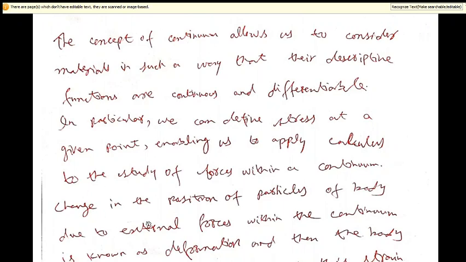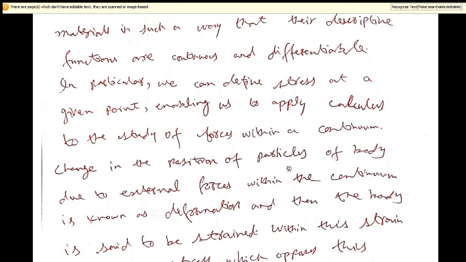Moreover, how can you define deformation? It is the change in the position of the particles of a body. You have particles and you have a body, and the body contains the particles, and there are positions of the particles. When you apply external forces, the positions of the particles will change within the continuum.